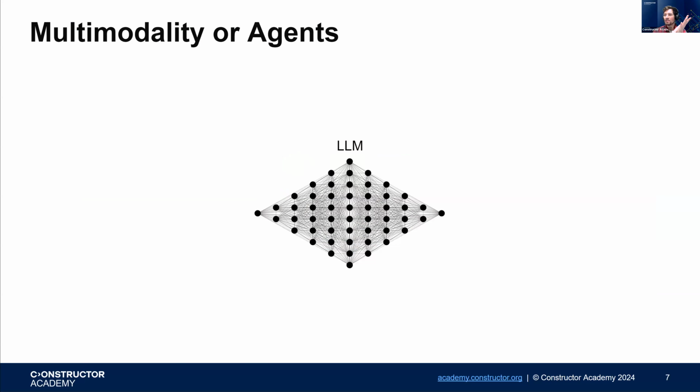So we saw that we have this LLM, this large language model, which is a deep learning neural network, and so far we saw that they can have input as text. But the nice thing is right now we have multimodality in LLMs, also called agents. What does it mean?